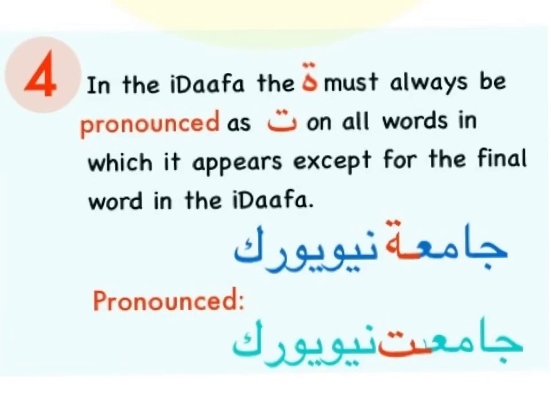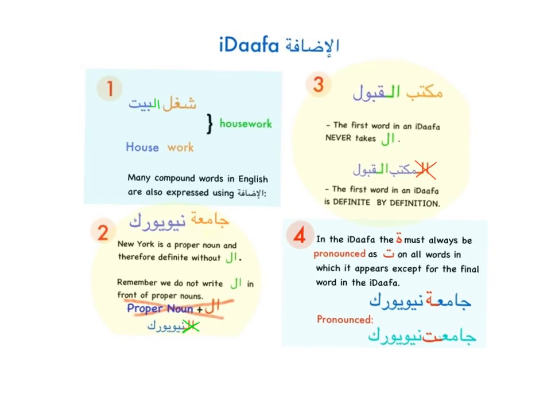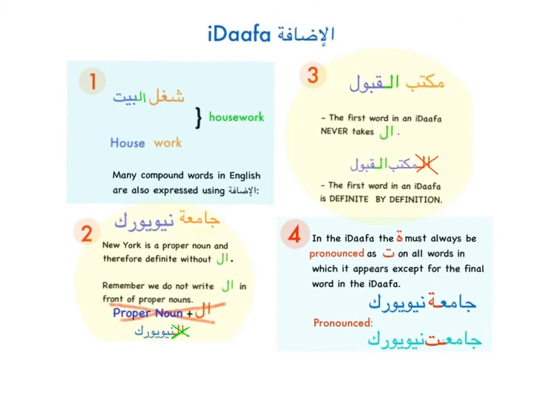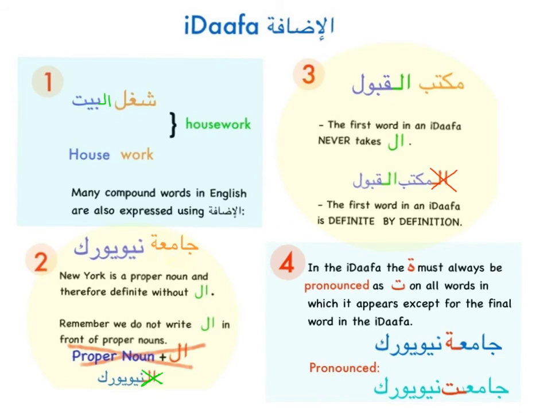Okay, now let's take a look at the big picture. إضافة consists of two or more words put together to give definition to the first word. We saw the simple إضافas made of two words like شغل البيت, and we saw that the second noun should always be definite, either by alif lam, the definite article, or by a proper noun, like جامعة New York.